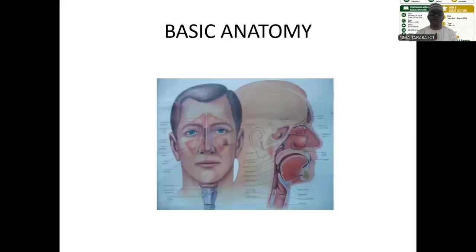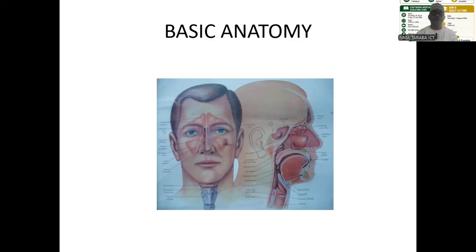This is the basic anatomy. If you look at these pictures, the first one shows what we mean by the nose, or rhinological structures. It includes the nasal cavity, the nasal pyramid, and the sinuses. We have the maxillary sinus, the ethmoid, and the frontal that we can see facing us by the side of the nose. But when we look at it from the lateral view, the sphenoid sinus is also part of the rhinological structures, and you can see it just behind.